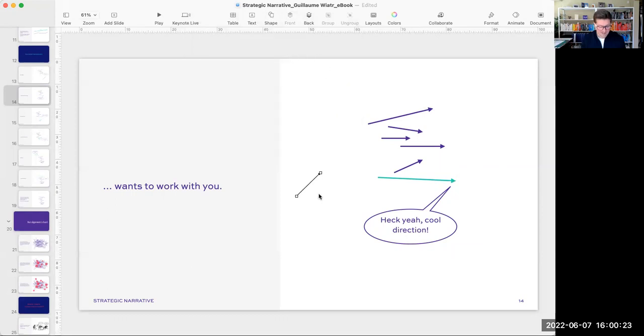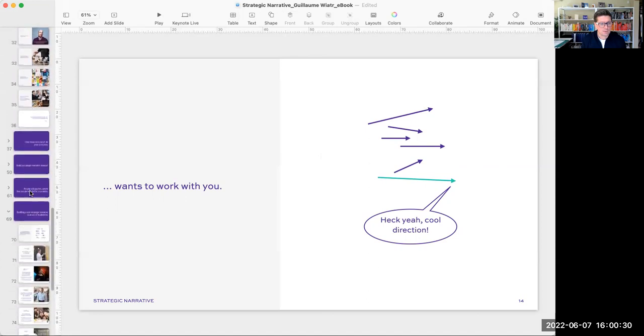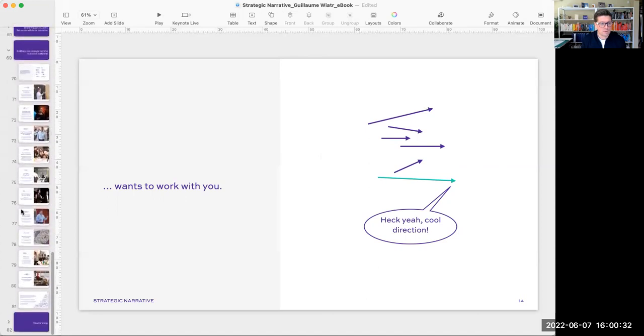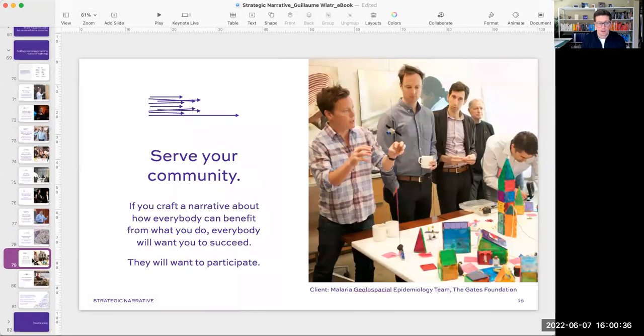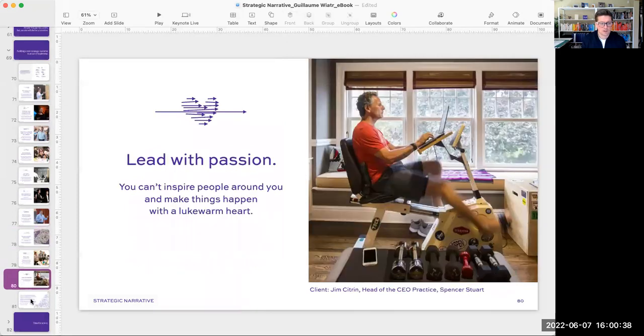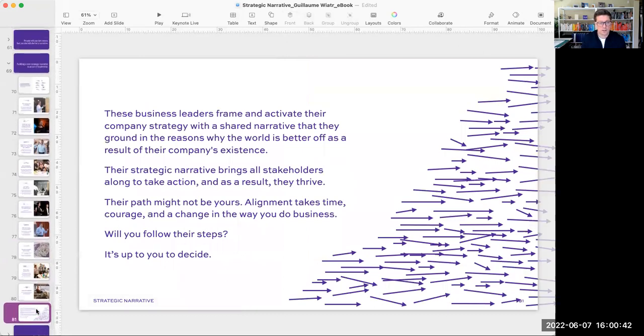So that's it. A very minimalistic way of thinking about design. And the arrows turned out to be very helpful all the way through the document, even in the last chapter, where I talk about different ways to shape and activate your strategic narrative, and even at the end. So that was a design principle.